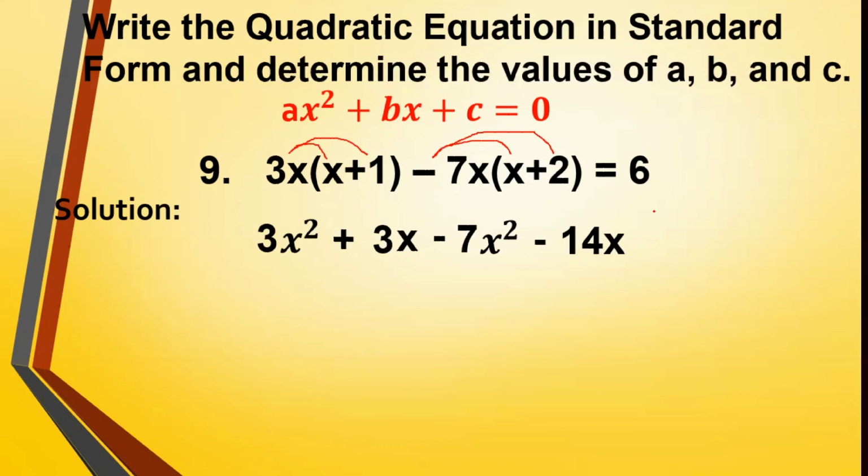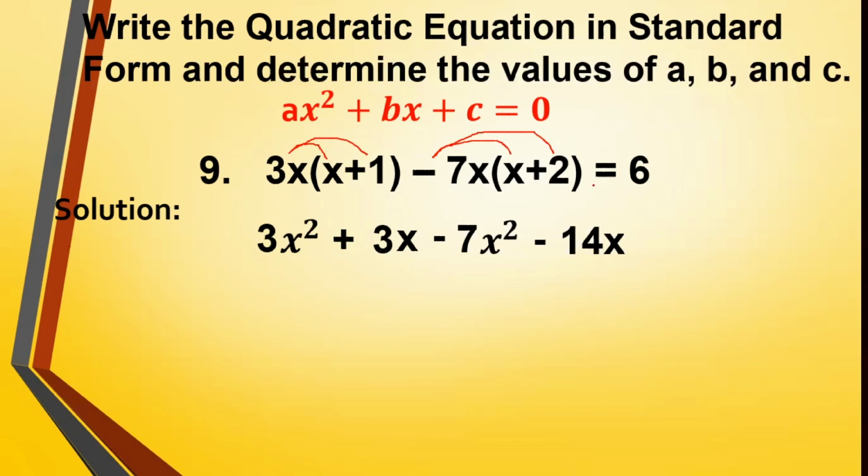And then palagi sa standard form, ano nga po yung after ng equals? 0 po. 0, pero dito po, ano yung after ng equals dito? 6. Ano gagawin natin sa 6? Palitan ng 0, pero saan natin dadalhin yung 6? I-transpose to the other side po.